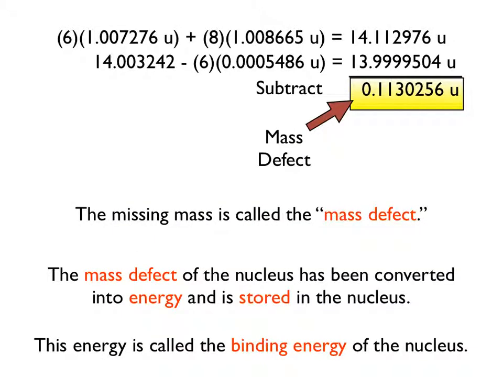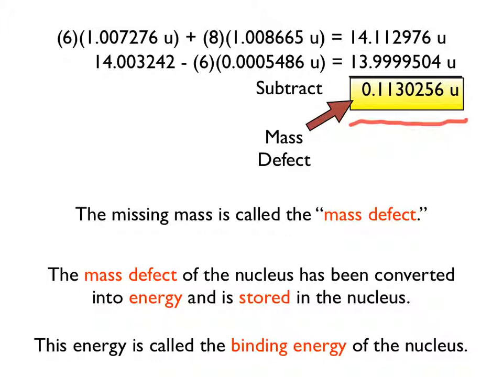So if we actually want to figure out how much mass we're missing, we take the top line there, which again is the 14.112976 atomic mass units. That's the sum of the protons and the neutrons in the nucleus, and subtract that from the mass of the actual nucleus, and we get a difference of 0.1130256 atomic mass units.